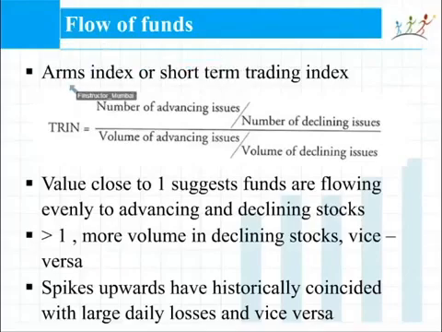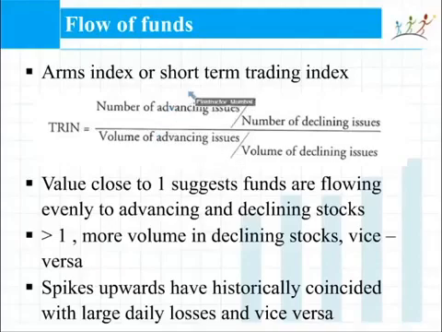So there's an index called ARMS index, also called the short-term trading index, which is computed as the number of advancing issues upon the number of declining issues, upon the volume of advancing issues divided by the volume of declining issues.